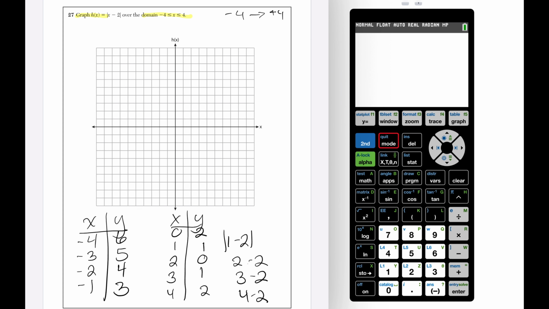Now I would just graph these out. So from negative 4, 1, 2, 3, 4, I would get 6. 1, 2, 3, 4, 5, 6.